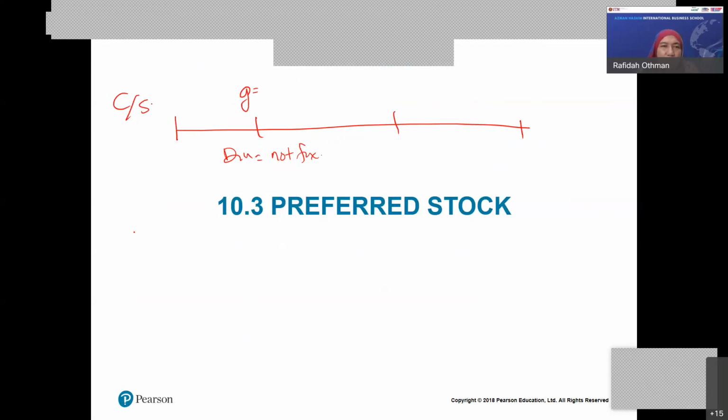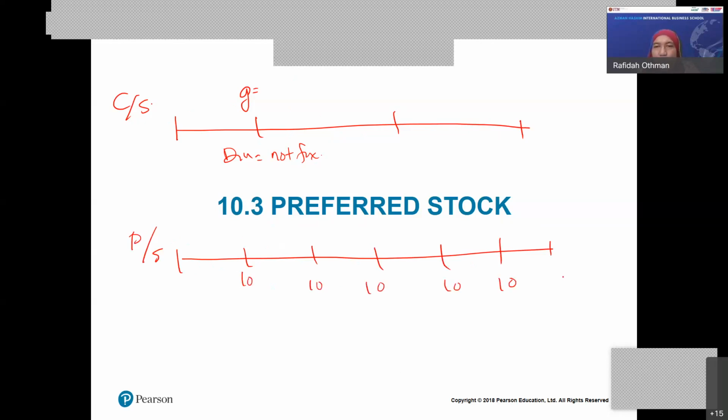But for preferred stock, the dividend is fixed, say 10 ringgit, so it will be 10 ringgit. It's a promised return.